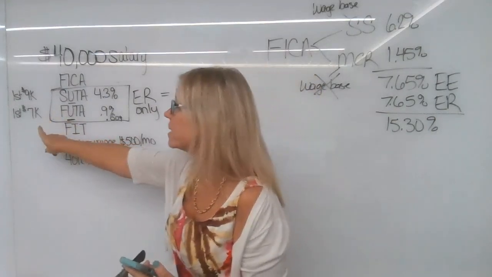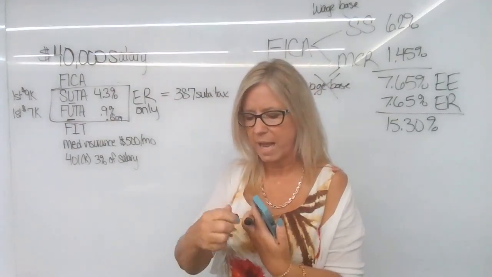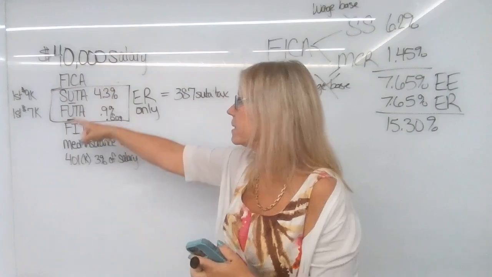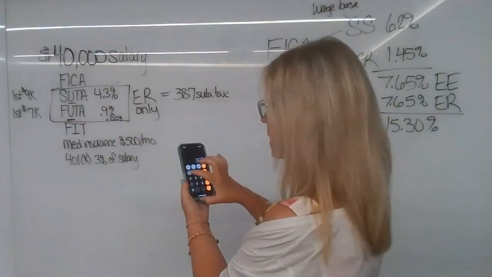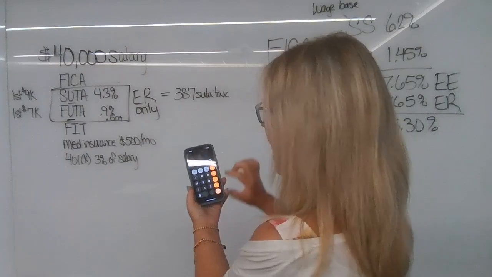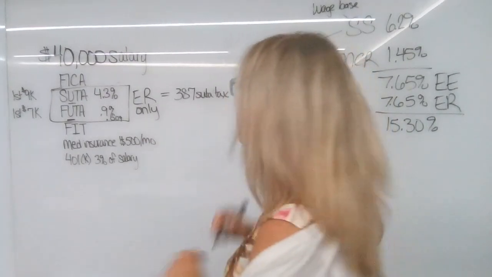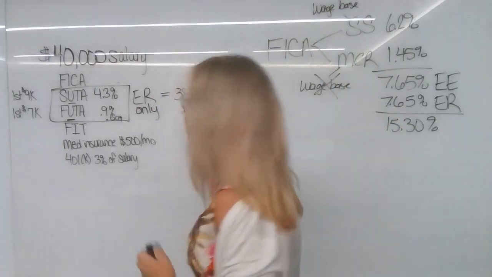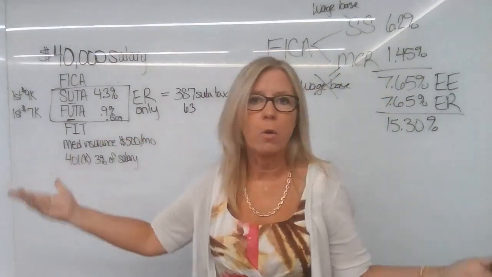It's only on the first $7,000. So even though this particular employee made 40 grand, I don't say 40 grand times the 0.9%. I say only $7,000 times 0.009. And that's 63 bucks. Watch, on this first test, a lot of people are going to put $630 because they said 0.09%.